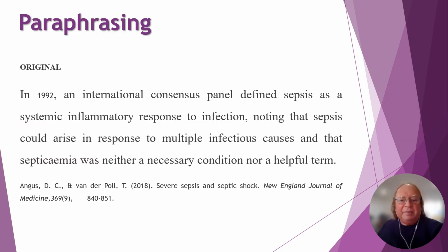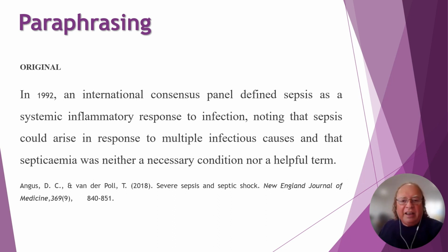So let's have a look. Here we have a piece of text from an article written by Angus and Van der Pol in 2018, discussing severe sepsis and septic shock.